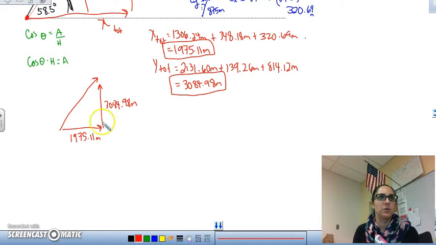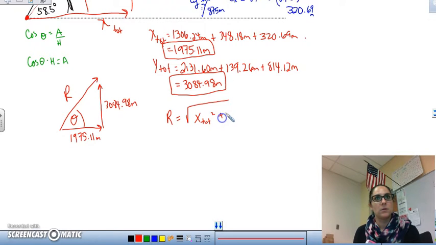This should actually be much larger, so this would be a greater angle. So we need R and the angle. R is going to be using the Pythagorean theorem, so we're going to do x total squared plus y total squared. You could actually put this on your equation sheet if you like, R is equal to this, because that would be really helpful. But what we're doing is just solving the Pythagorean theorem.